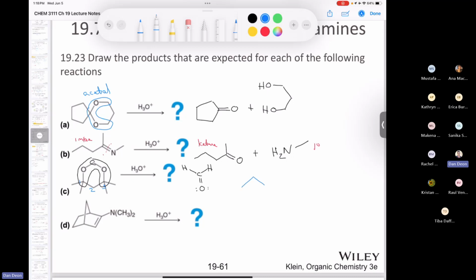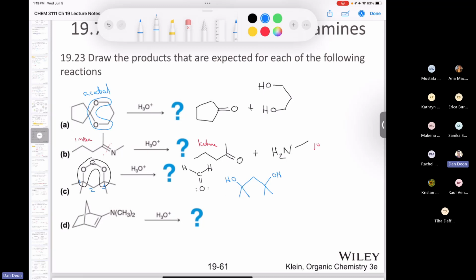So if we have 1, 2, 3, we have our hydroxyl here and a hydroxyl here. But carbon 1 and 3 both have two methyl groups on them like this. So those are the two compounds that you would need. That's the diol and the aldehyde that you would need to make that acetal.